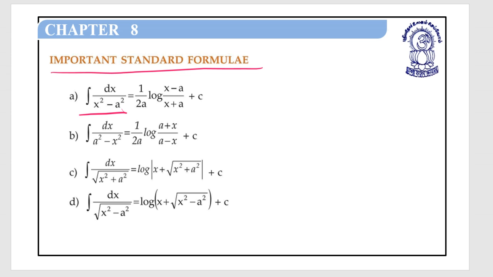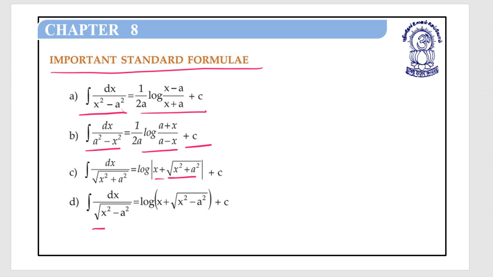Integration of dx by x square minus a square is equal to 1 upon 2a log of (x minus a) upon (x plus a) plus c. Integration of dx upon a square minus x square is equal to 1 upon 2a log of (a plus x) upon (a minus x) plus c. Integration of dx upon under root x square plus a square is equal to log mod x plus under root x square plus a square plus c.